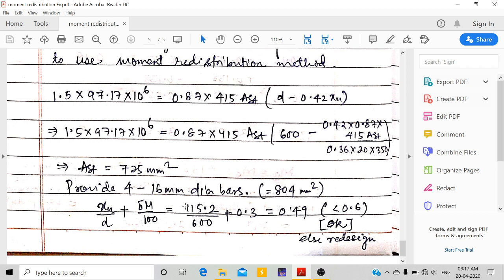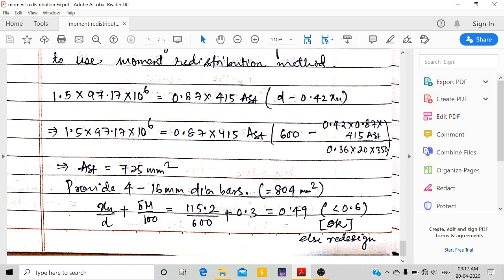I have got 115.2 mm. This by depth of 600, plus delta m by 100, which is how much redistribution you have done. 30% redistribution, 30 by 100 is 0.3. So this comes as 0.49, which is less than 0.6, so it is okay.